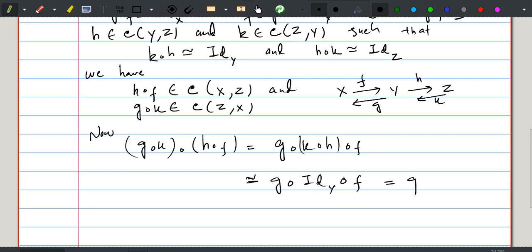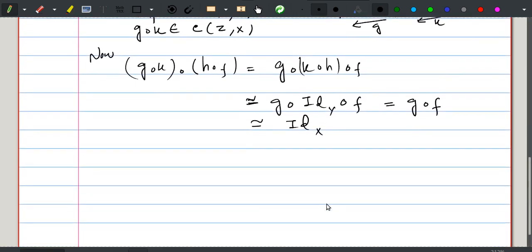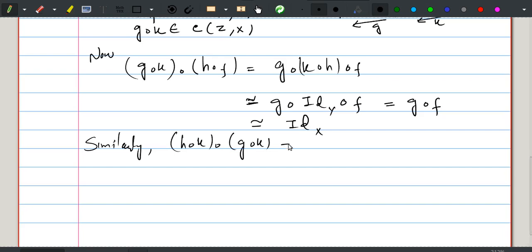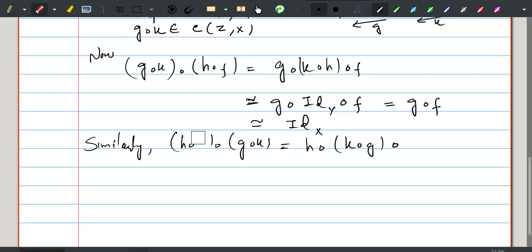This is same as g composed with f, which is again homotopic to identity on X. And similarly, h composed with f composed with g composed with k is homotopic to h composed with identity on Y composed with k.